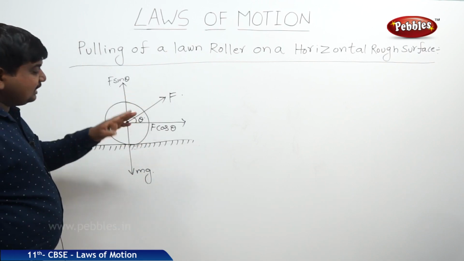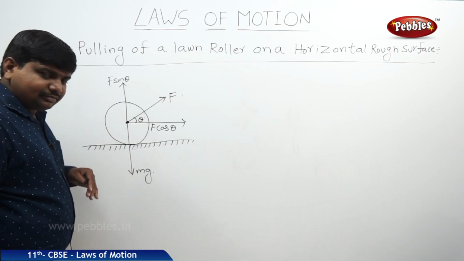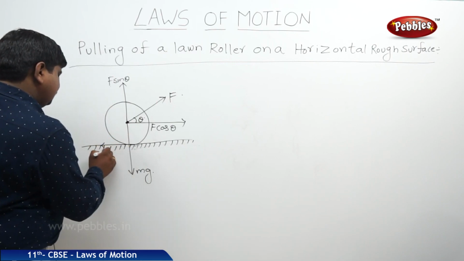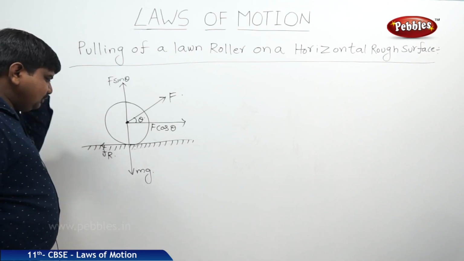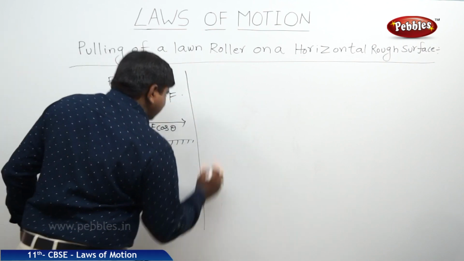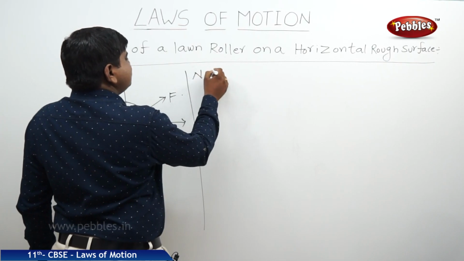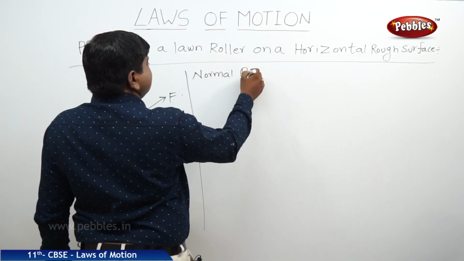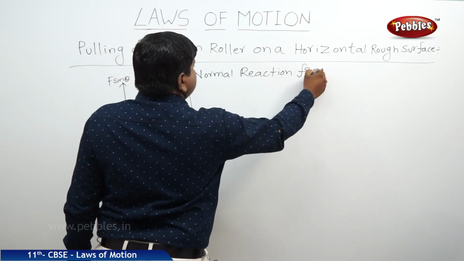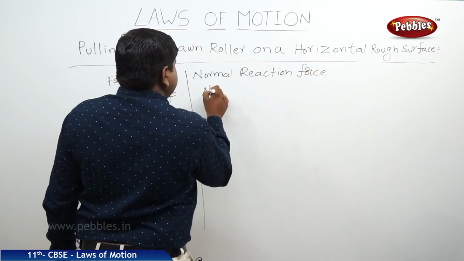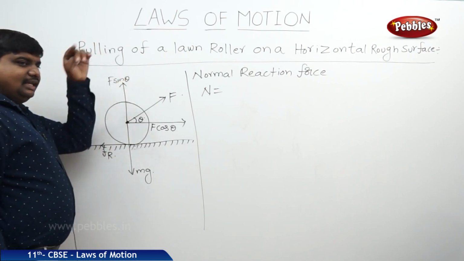This mg and F sin theta are opposite to each other, and in this direction is Fr, the rolling friction. So from this diagram we can understand the normal reaction force N is equal to mg minus F sin theta.